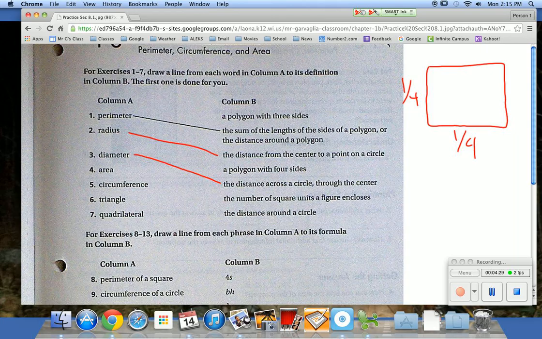So if I've got, no, that's a square 40, right? Would it be 2 fourths and 2 fourths? It's a square. So if I'm going to find my area here, I need to know this by this. All right? X times Y, or height times width, or length times width.